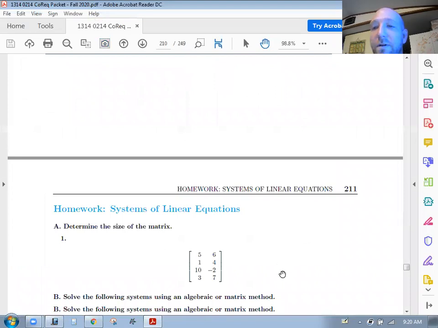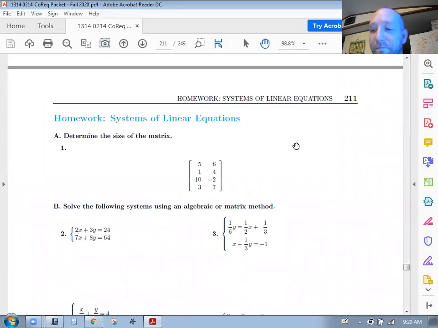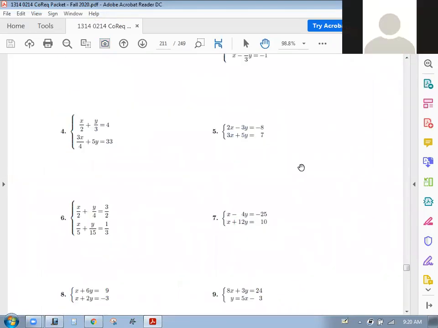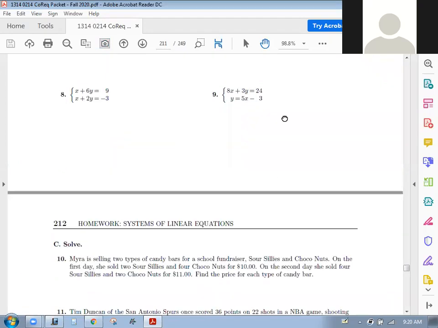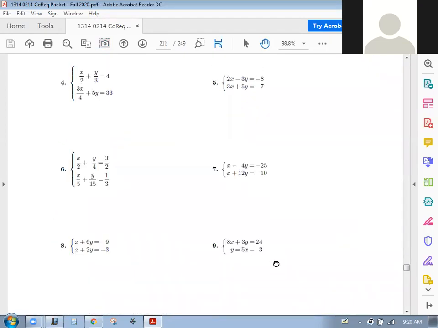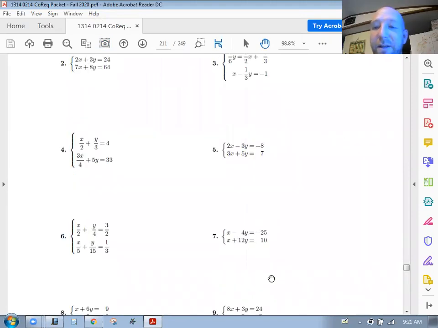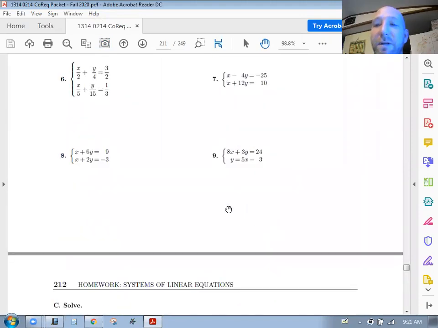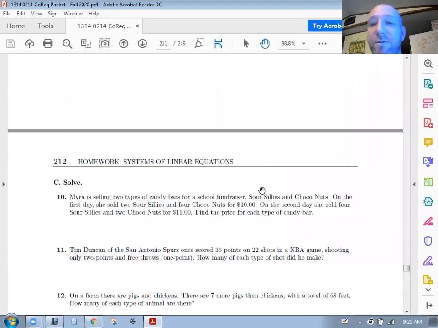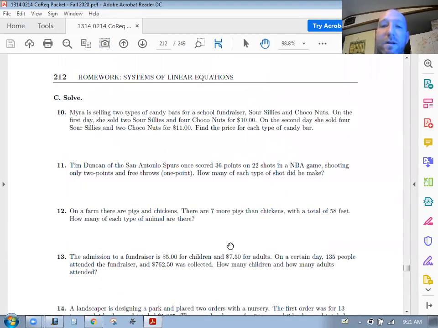So homework. Let's see. Solve using an algebraic method. They don't give you any 3 by 3s, so they keep it easy. You can do all those by substitution if you want. And a lot of word problems.